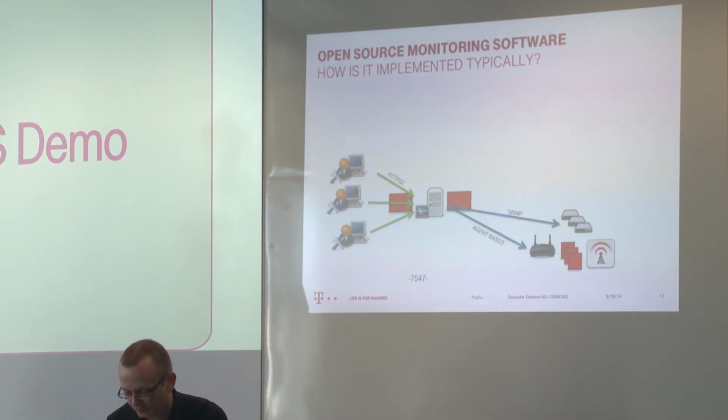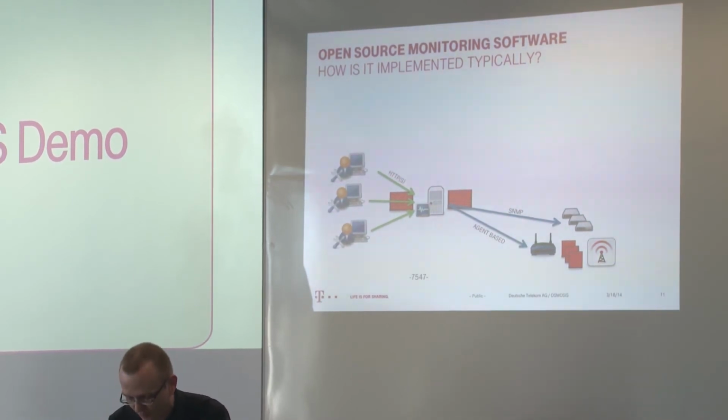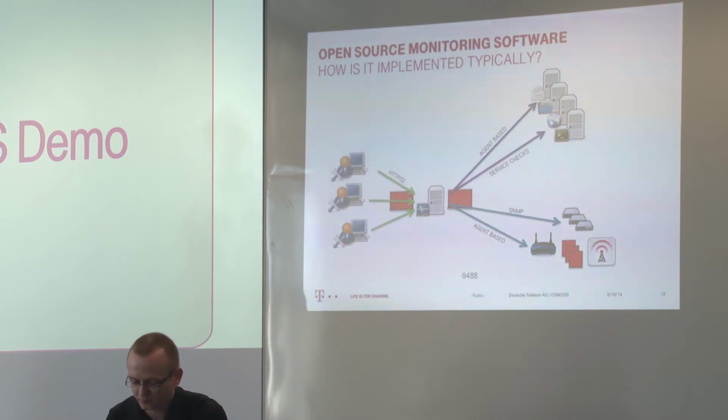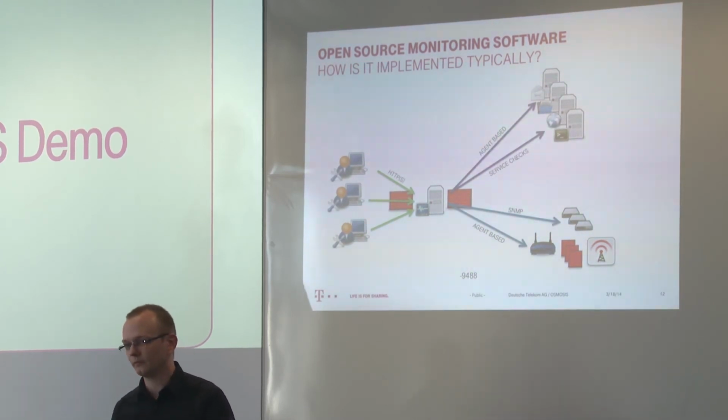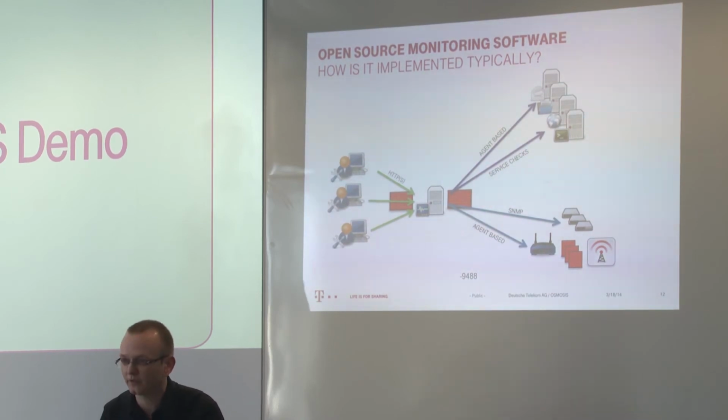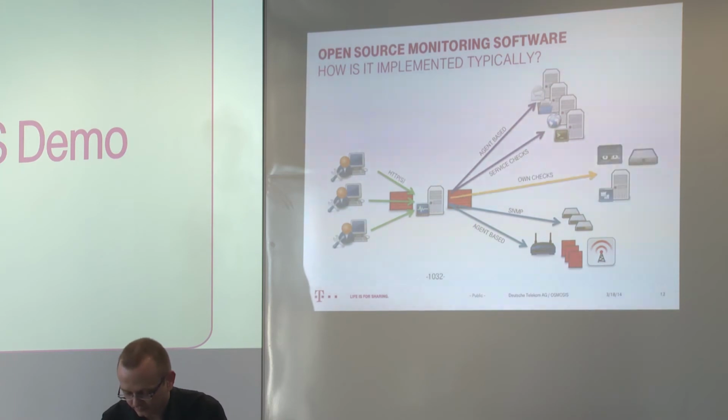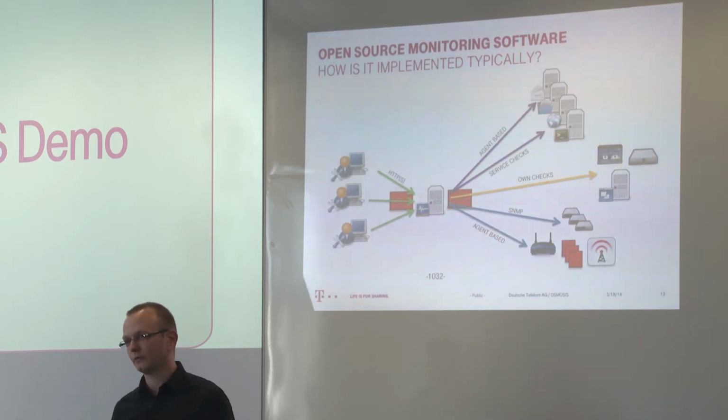They use agent-based SNMP as well, of course. And also, the same monitoring system has access to any services within your network: web server, file server, DNS server. And mostly in any network, you also have access via own checks, self-written checks, for example, to application server, to a VPN gateway, to a backup system, whatever.